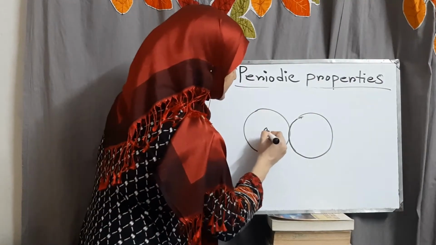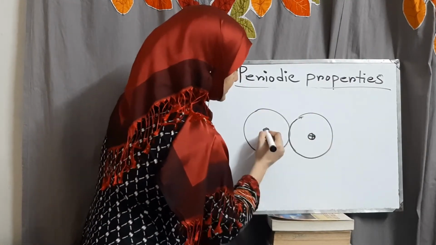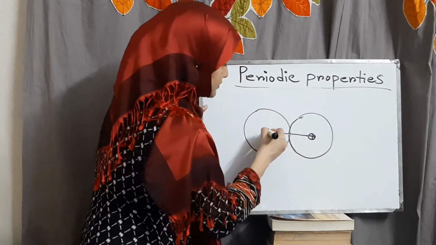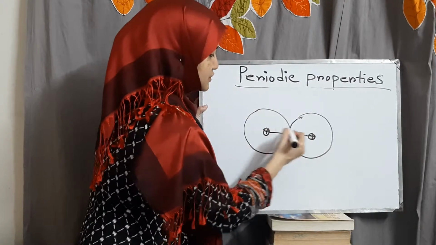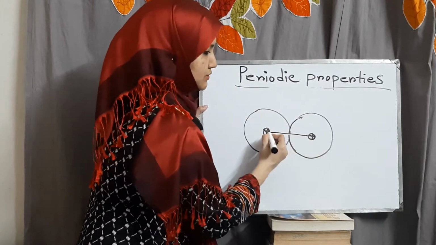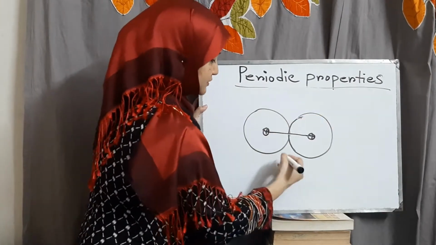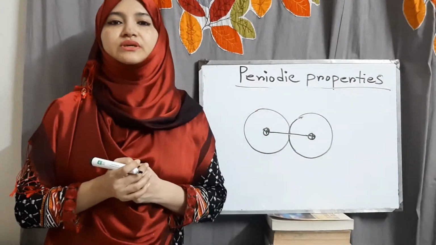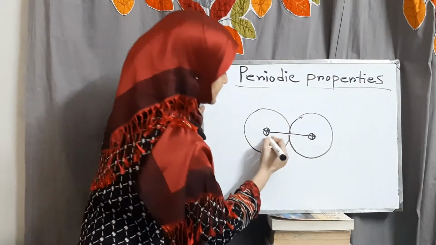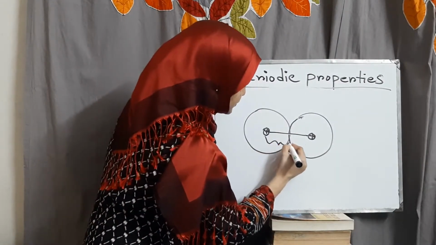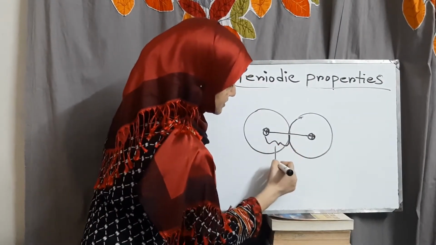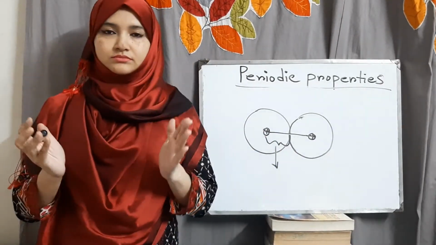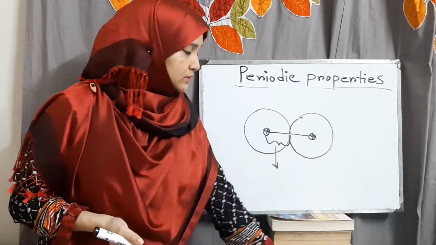Then we have to calculate the distance from the center of one nucleus to the other nucleus, and after that we divide it by 2. Then we get the atomic radius, that means this portion. This is called atomic radius, and I think it is clear to you.